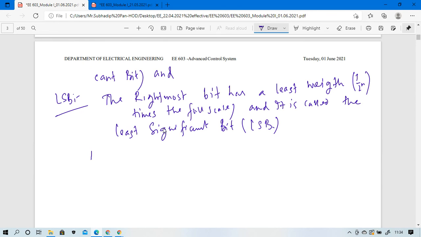So thus we can say that the LSB is actually the FSR divided by 2 to the power n, which will be nothing but my Q. This least significant bit is actually your quantization level.